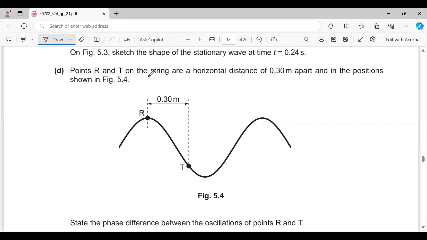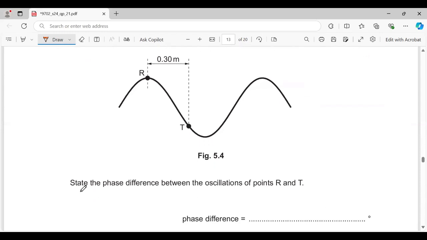Points R and T on the string are a horizontal distance of 0.3 meters apart and in the positions shown in figure 5.4. State the phase difference between the oscillations of points R and T. Looking at the positions of R and T, actually they are in a straight line with one another.